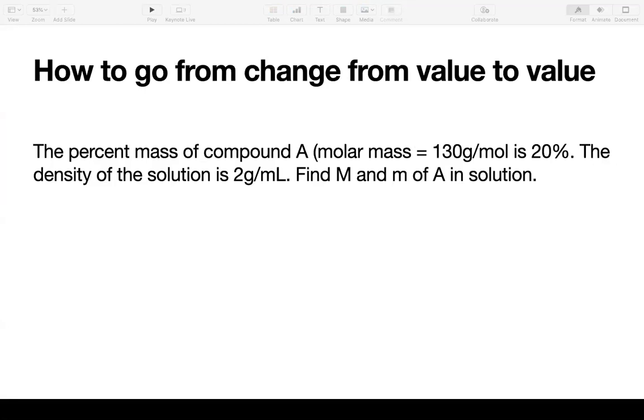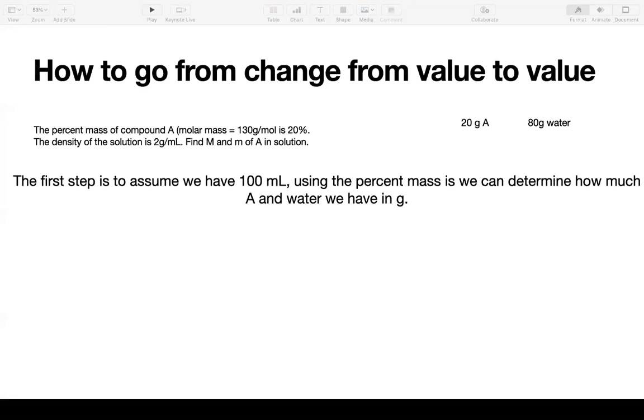The first thing we want to do when approaching a problem like this is to assume we have 100 milliliters of the solution. Once we make that assumption, everything else we can calculate and come to a conclusion on.